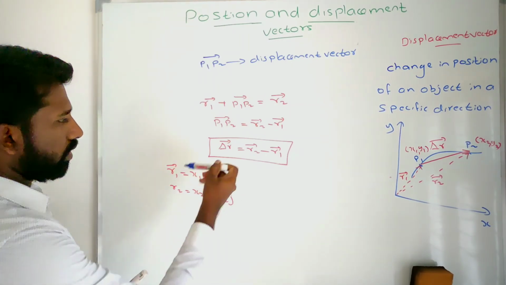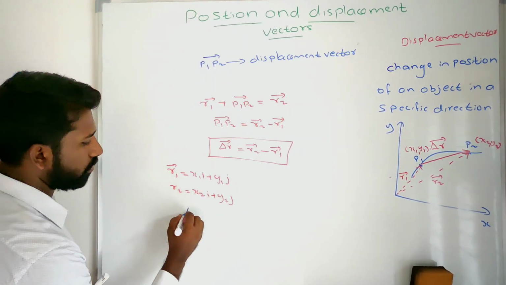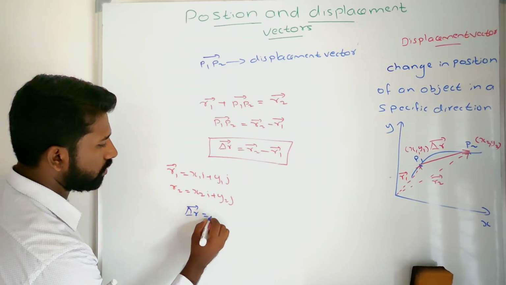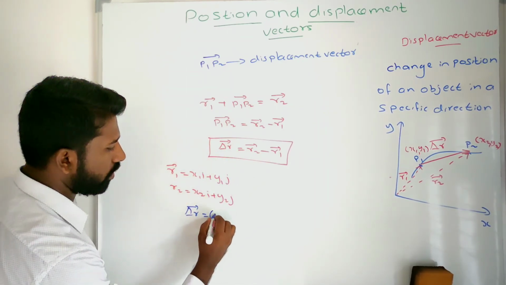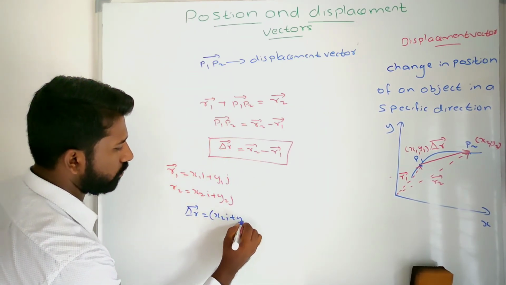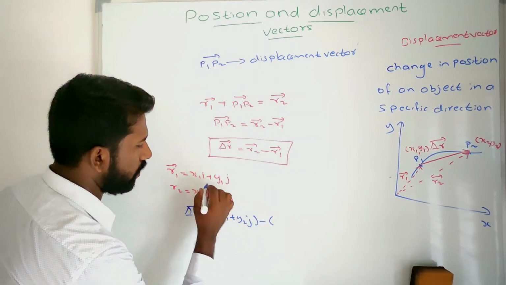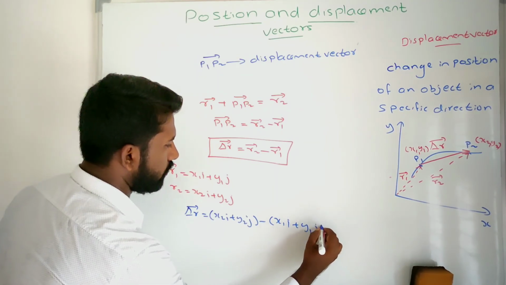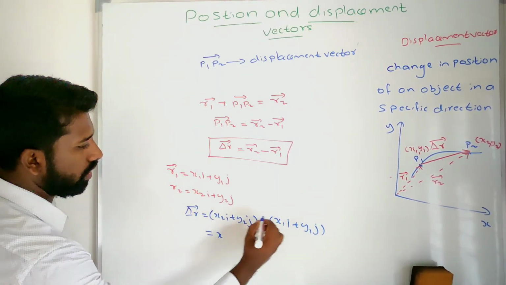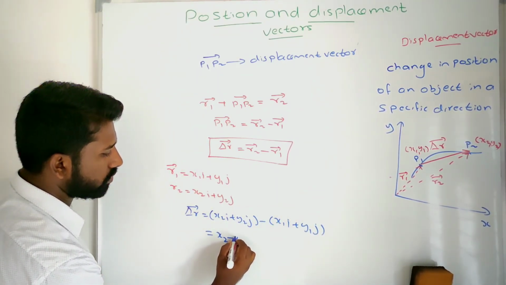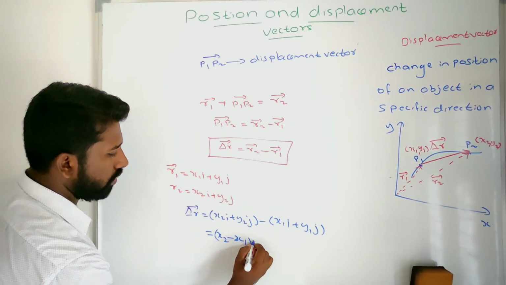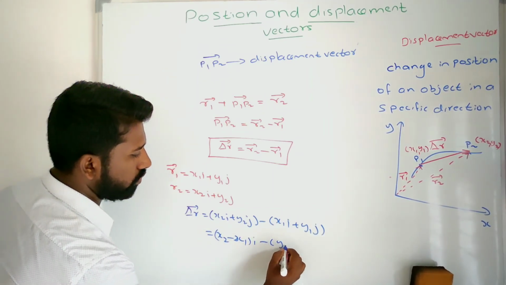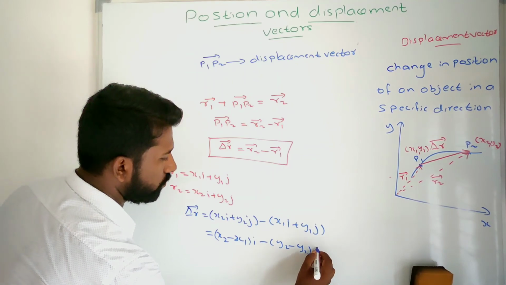Now we can find delta R. Delta R is equal to R2, that is x2i plus y2j, minus R1, that is x1i plus y1j. That means taking i and j common, it is (x2 minus x1) i plus (y2 minus y1) j.